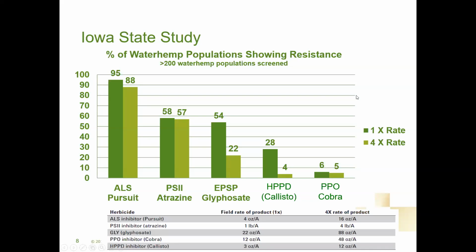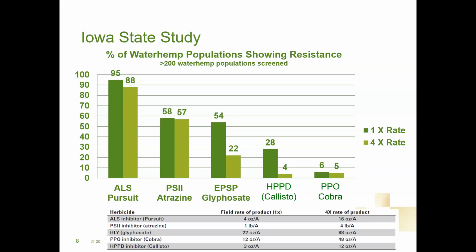Now, what's interesting is looking at this chart and understanding how weed resistance forms. There's a couple different methods. First one, if you look at ALS, with Pursuit, what happened is there was actually a change in the site of action.